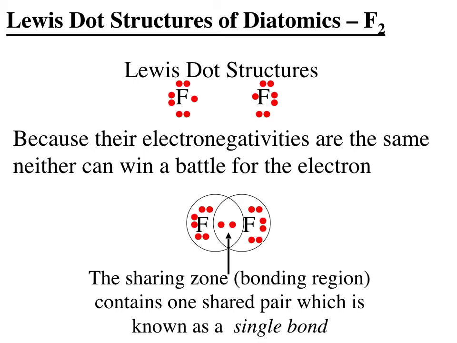So in this way, each of the fluorines has the sense that it has completed its octet without the benefit of an electron transferred from another, particularly a metal, which became a cation during the process.